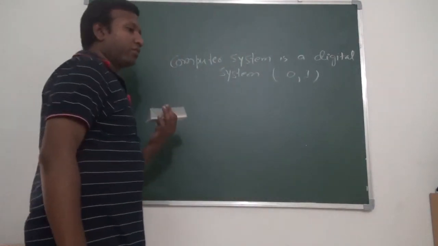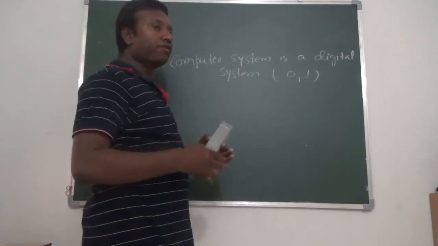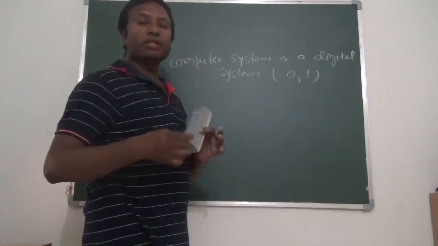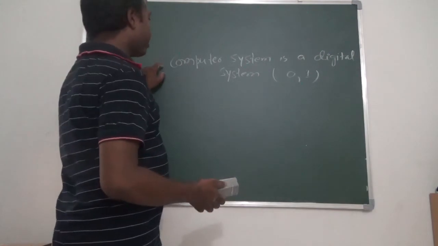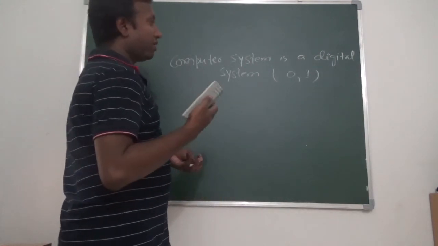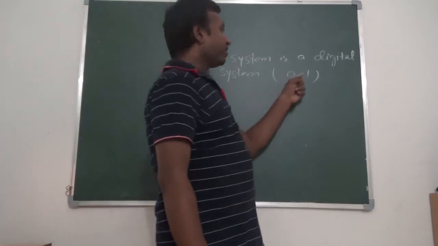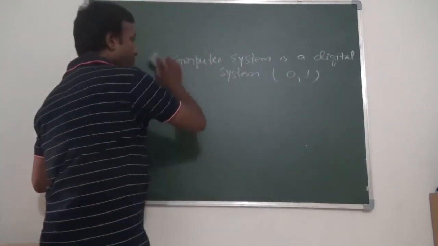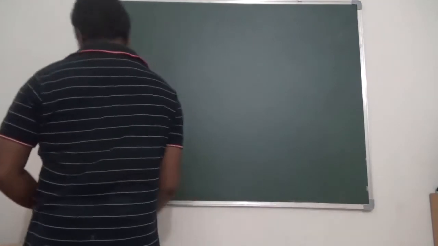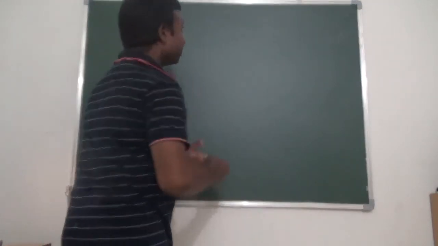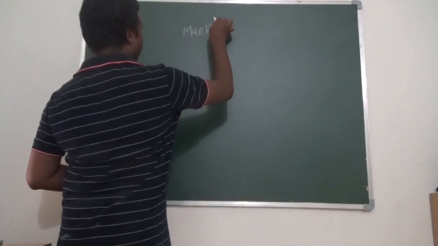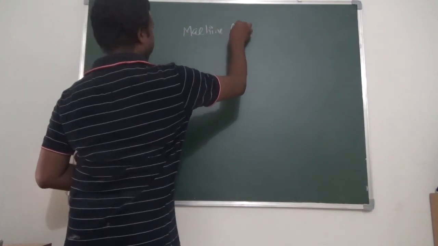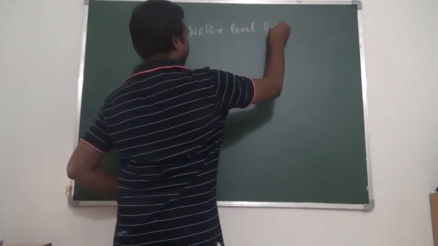So why not we start designing the software on this 0-1 scale, 0-1 pattern. That is the simplistic one, right? Because the computer system is easily understanding this 0-1, right? So if we start writing code in 0-1, then it is called machine level language.